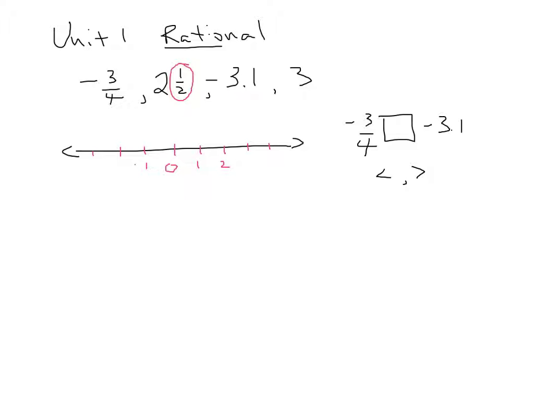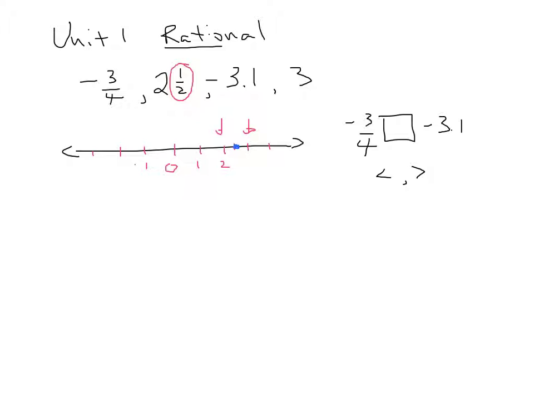So for you to find 2.5, you have to find where 2 is, you have to find where 3 is, and looking at the bottom, divide this into 2 pieces. All right? So 2.5 is going to be right here. There's 2.5. Let's go back to the first fraction. How am I going to find negative 3/4?